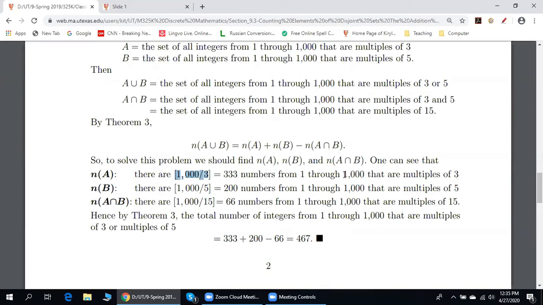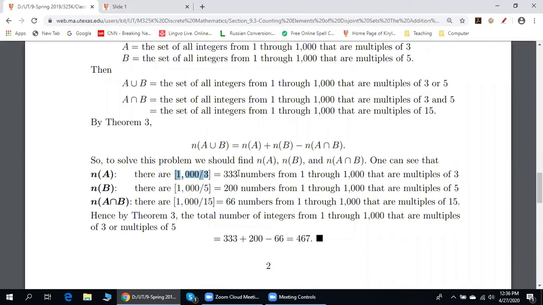Again, it's 3. And indeed, floor function of 11 divided by 3 is still 3. However, if we replace 11 by 12 and find the number of multiples of 3 from 1 through 12, now these are 3, 6, 9, 12, 4 numbers, and indeed the floor function of 12 by 3 is 4.